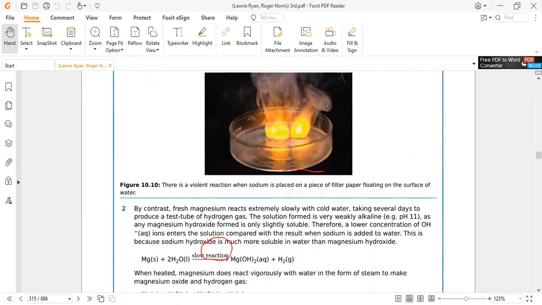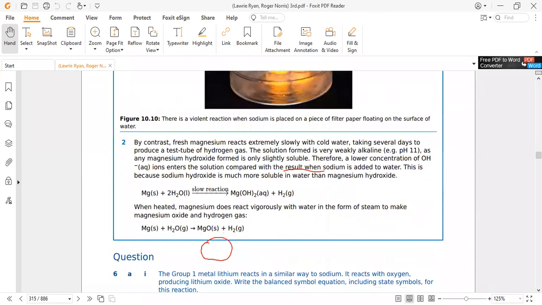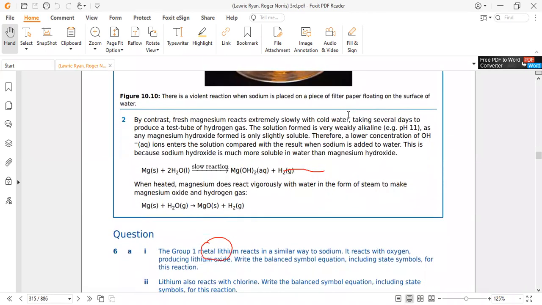By contrast, magnesium is not very reactive towards cold water. It may react very slightly with cold water, but the reaction takes place at a much higher rate with hot water or heated magnesium.